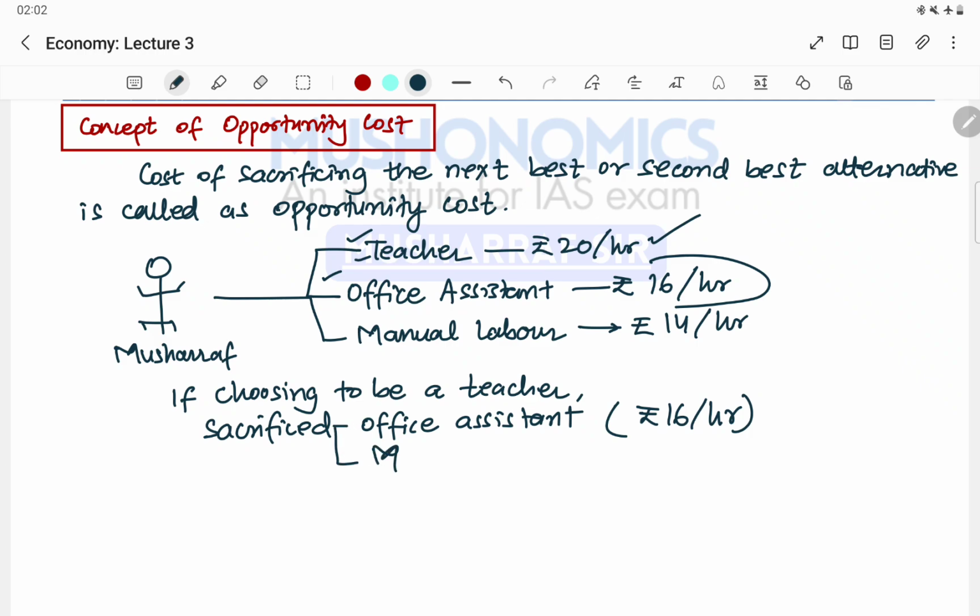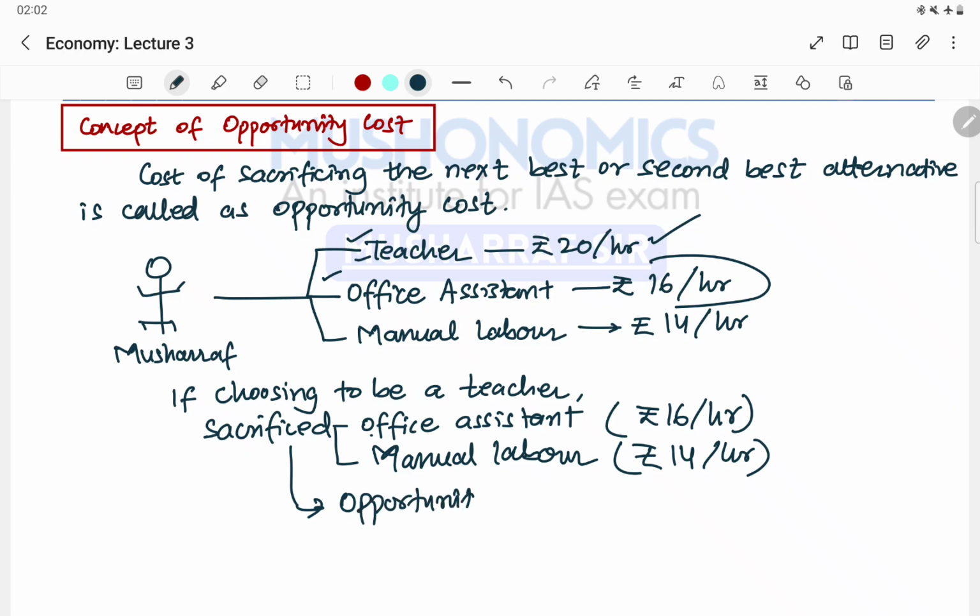He has sacrificed both office assistant as well as manual labor. But the second best was what? Office assistant. So that's why the opportunity cost of teaching will be rupees 16 per hour.